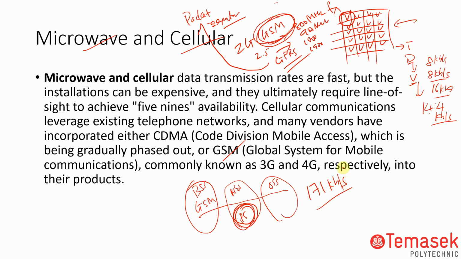That's 2.5G. Then 3G would provide you 2 megabits per second bandwidth, and 4G 50 megabits per second. So in terms of that, for the design portion.